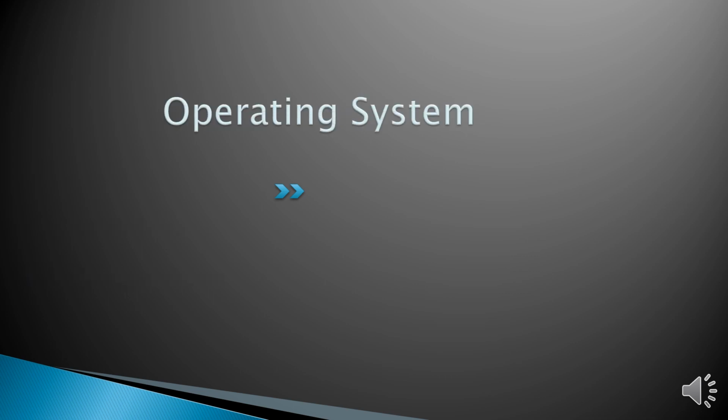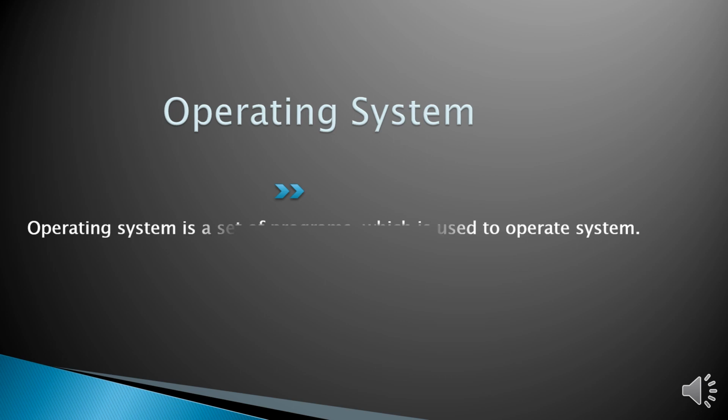Next is the operating system. What is an operating system? An operating system is a set of programs which is used to operate the system. Nowadays we are all using the Windows 10 operating system on our systems.